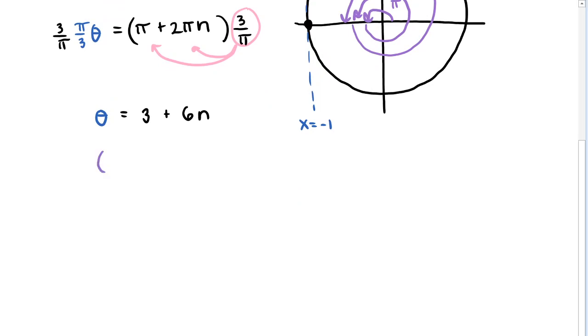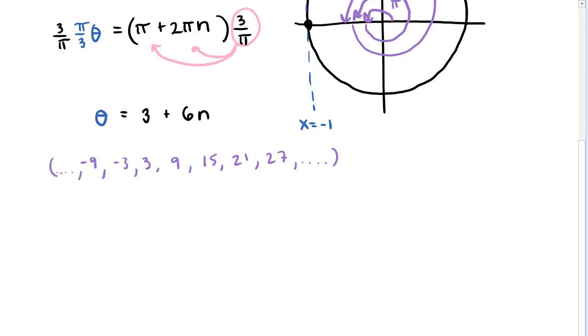So we're saying that values of theta that are solutions to our original equation, well, they're 3 plus 1 multiple of 6, 2 multiples of 6. Here we've got 15, 21, 27, and so on. But also things like -3, maybe I'll go one more further, -9, these would also be valid.